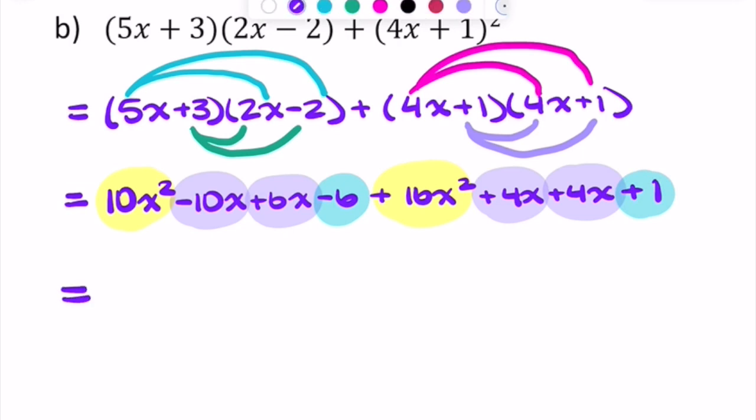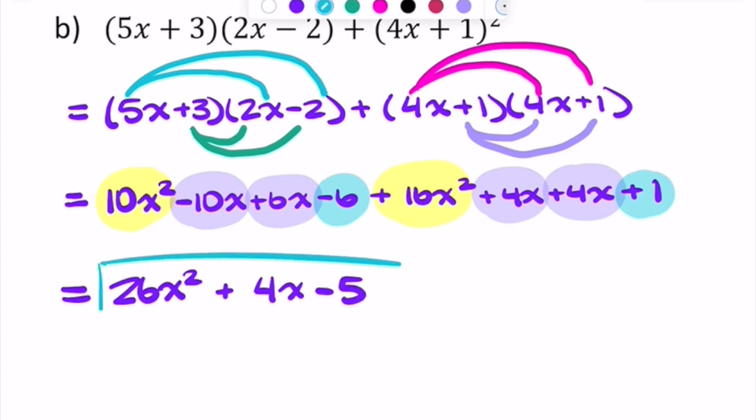So 10x squared and 16x squared gives me 26x squared. -10, +6, +4, and +4 give me +4x. And -6 and +1 give me -5. Here is my final answer.